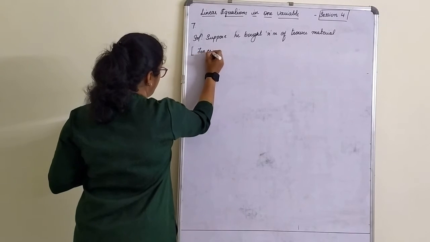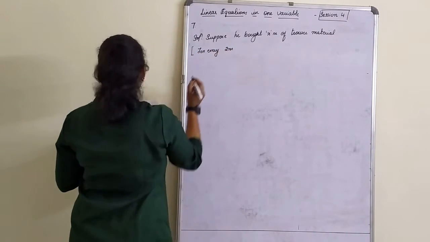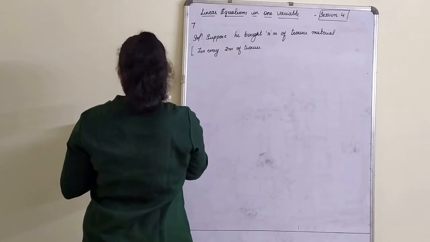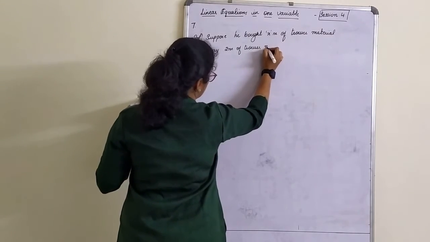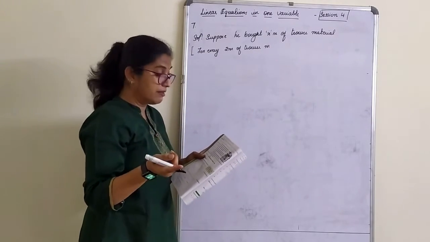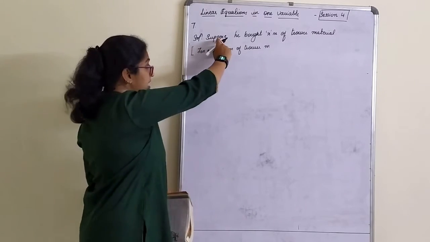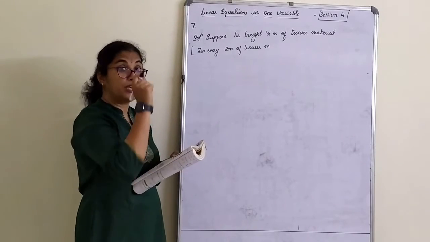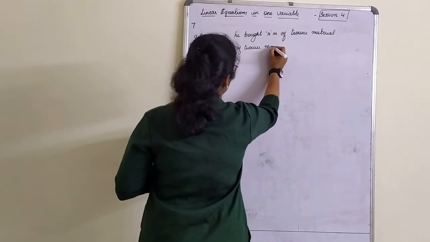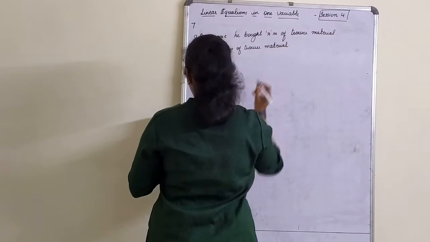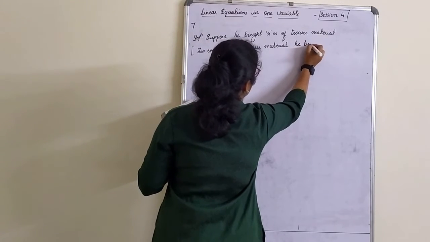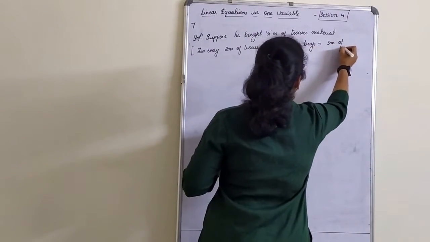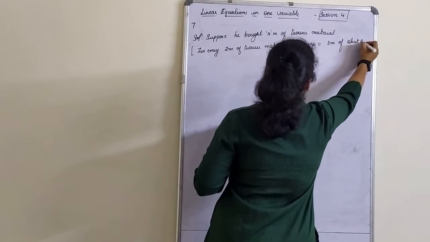For every 2 meters of trouser material, in the question they have given, for every 3 meters of shirt material he buys 2 meters of trouser. We can take it this way also, because we have started with the trouser, so we'll start with the trouser only here. But the 10% and 12% have to be according to the question. For every 2 meters of trouser material, he buys, I write equal, that will be very clear for you, 3 meters of shirt material.